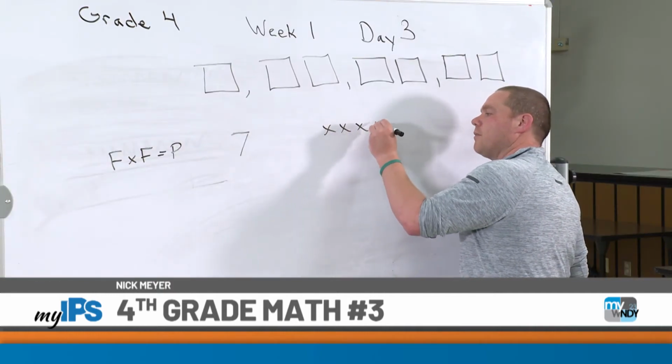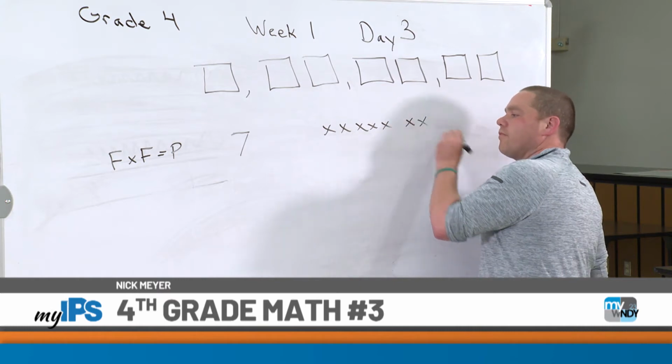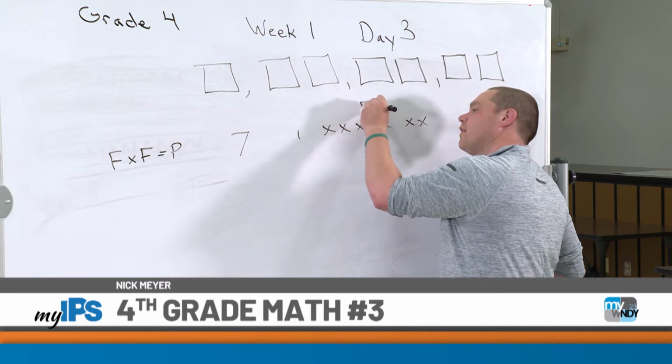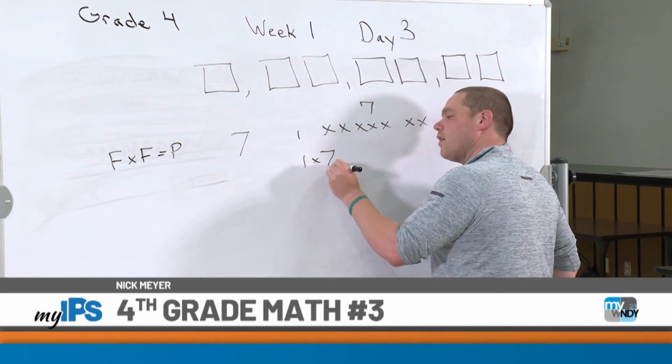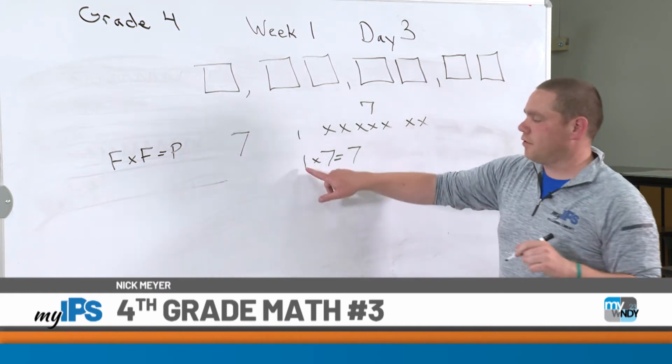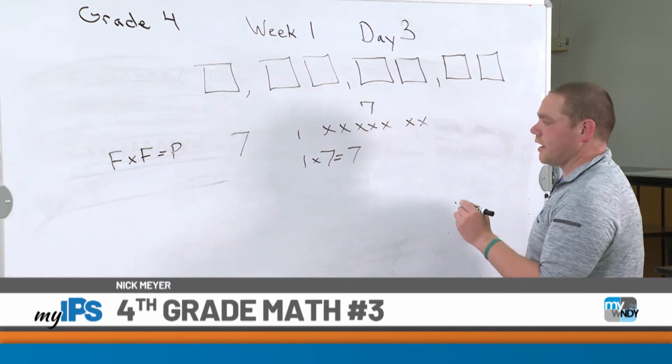So one array that I can make is 1 times 7. And that equals 7. So its 2 factors there are 1 and 7. I can draw another array for this.